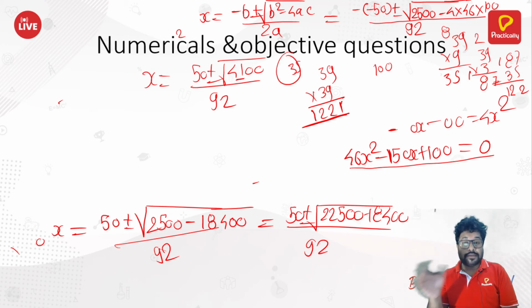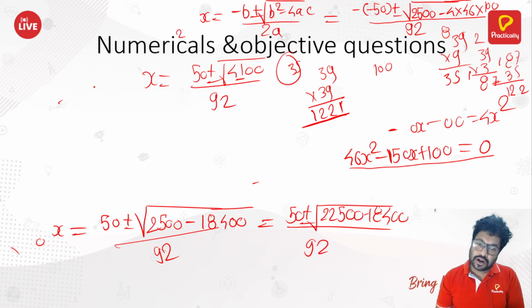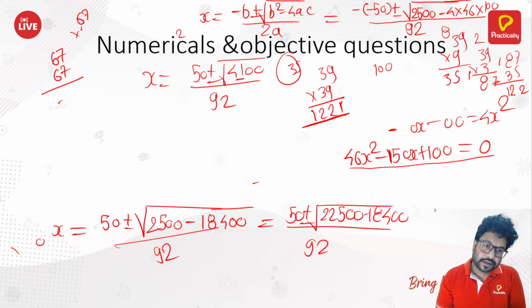So there is a possibility that this value might go here and there. 61 is not small, 69 is quite large. So it might be 67 or 66, something like that. 67 into 7, 7 sevens are 49, 9 4. 7 sixes are 42, 42 plus 4, 46.